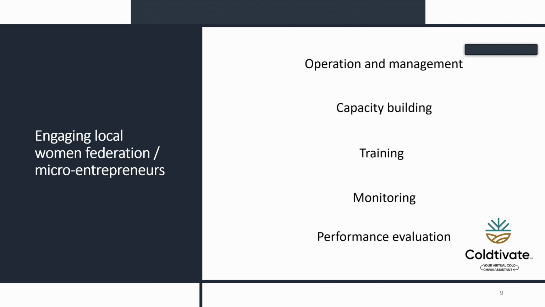For example, the training modules included topics such as entrepreneurship, leadership, how to engage with small vendors and farmers, how to engage with residential customers, how to engage with retail customers, how to do the survey of the farmers and retail customers, how to do basic record keeping, reporting, the finance part of the project, cold room management, and digital training, like how to use the Coldtivate app.